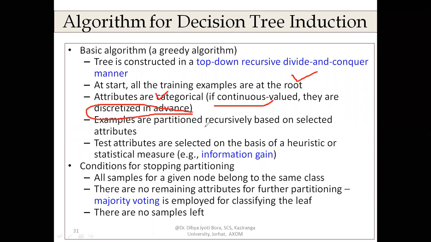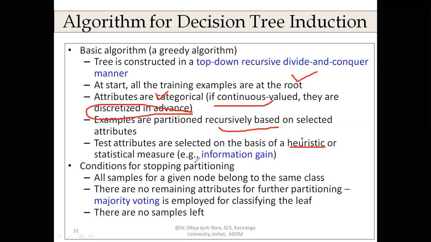Now, examples are partitioned recursively based on the selected attributes. You have seen it, I have shown it with the help of that example. And then these attributes are selected on the basis of a heuristic or statistical measure. And this part is very important. What I have just told you is that we are applying a divide and conquer strategy.